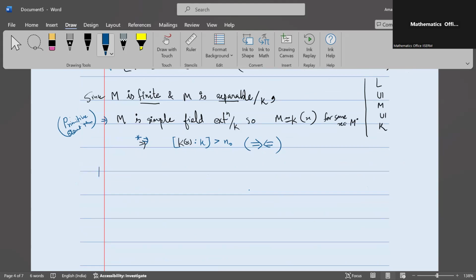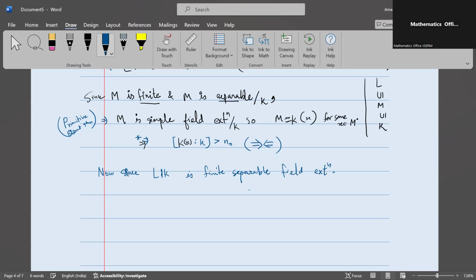Now, since L over K is a finite and separable field extension, this is simple.